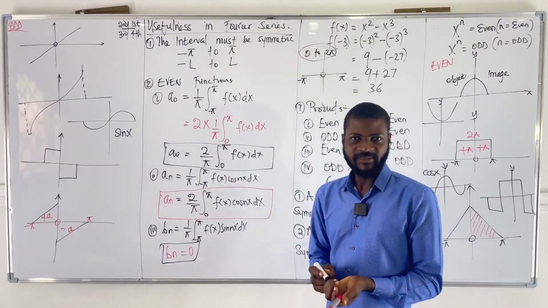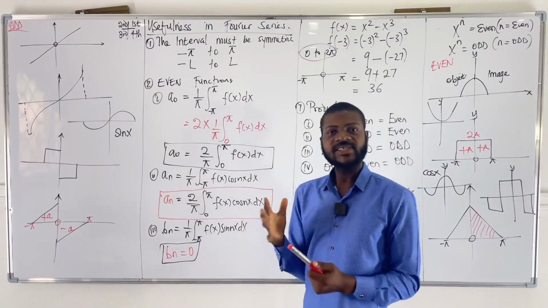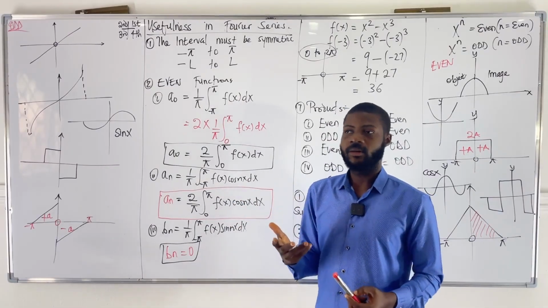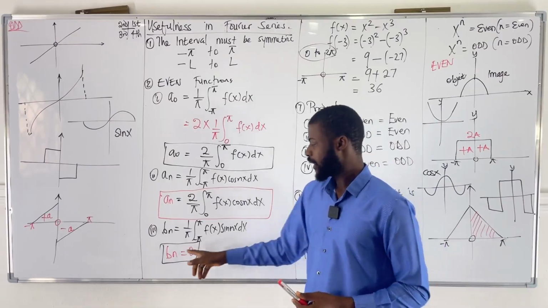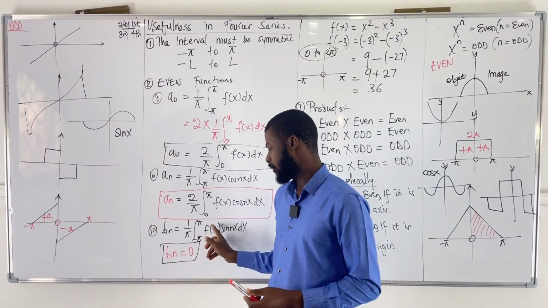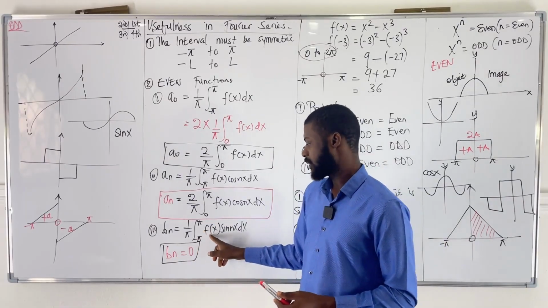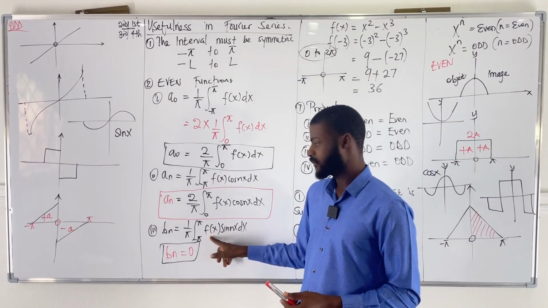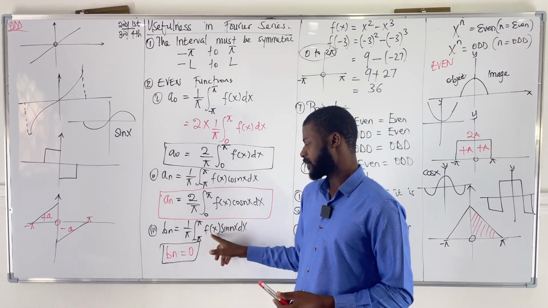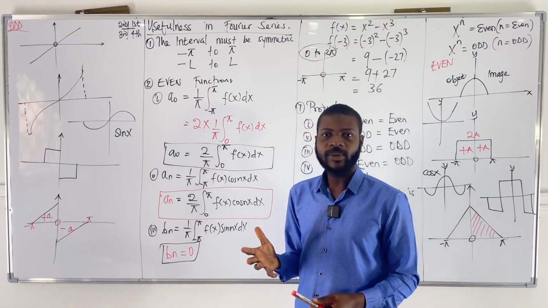Now you can see this is simplified, right? It's simplified in the sense that when we have an odd function like this, the area is 0. How does this help us?